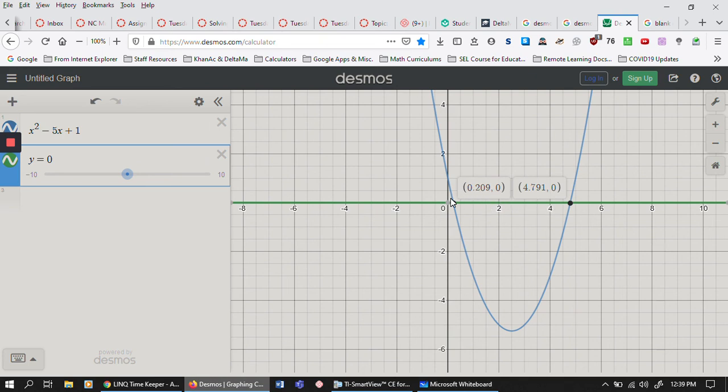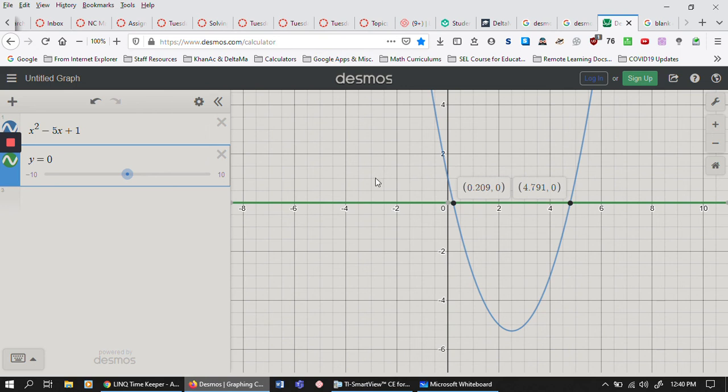So for this first x-intercept, this first zero, if you were rounding that to the nearest 100th, this would be 0.21, because we would have to round this up. And this other answer here would wind up being 4.79. We would round this one down to 9 because the number that comes after that is less than 5.